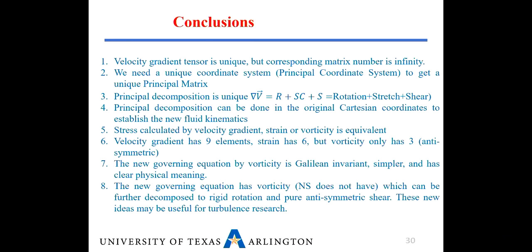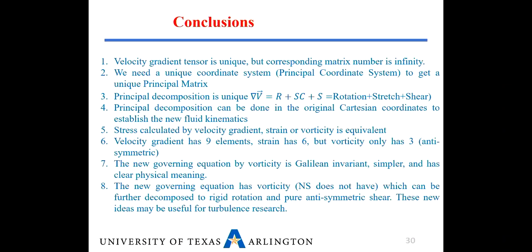We need unique coordinates. We call it principal. That's why you ask me, why lambda CI equals lambda CI? We need a unique one. We cannot talk in different coordinates. So we need a principal matrix or principal coordinates. Then the principal decomposition is unique. Rotation, stretching, and shear.